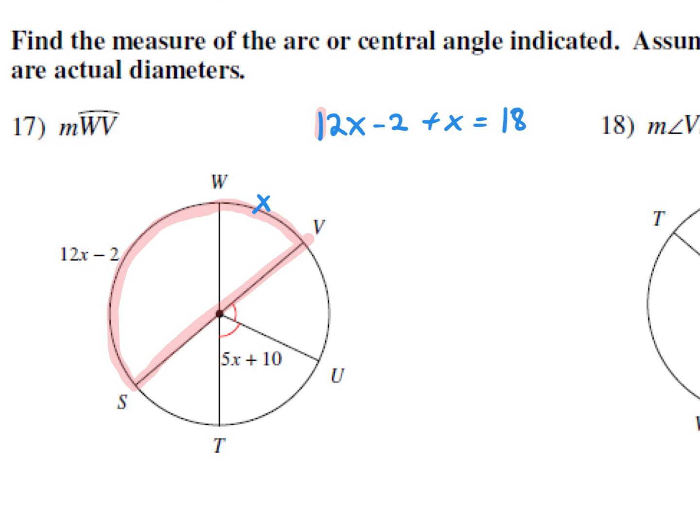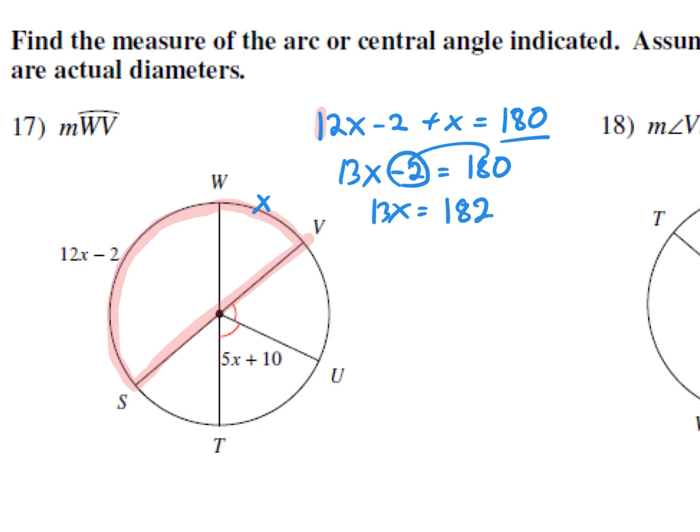It's a total of 180 because 180 is the size of a semicircle. Now 12x plus x is going to give you 13x minus 2 is equal to 180. 13x is equal to, transposing this to the other side, 182 divided by 13. 182 divided by 13 is going to give you a total of 14. So this is going to be 14.